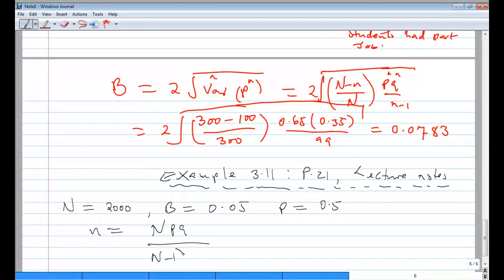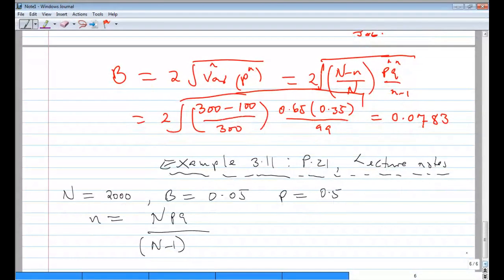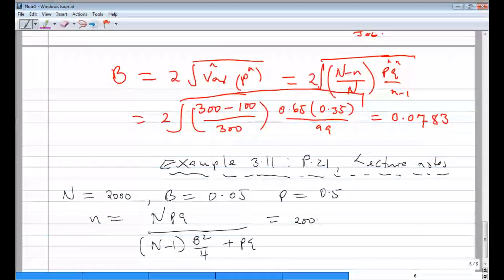So n equals N pq over (N minus 1) times b squared over 4 plus pq. Okay, this is the formula that you use, isn't it? So the population size there is 2,000. Then multiply by what? 0.5, then 0.5.